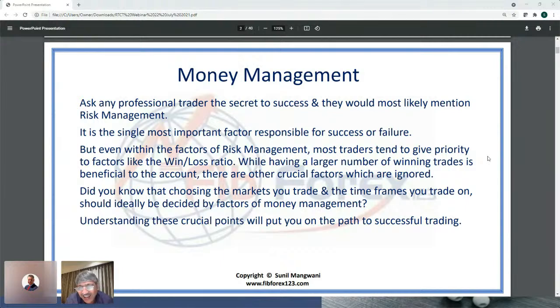All right. So we were talking about risk management. There are different factors of risk management which really matter. Different factors in the sense you have different rules and different elements of risk management, but everything can go down to risk management.